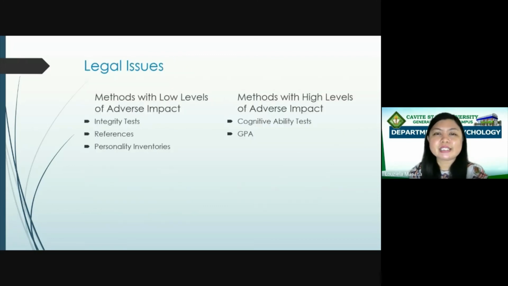Then we have the legal issues. Methods with low levels of adverse impact: integrity tests, references, low impact personality inventories. And with high level of adverse impact: cognitive ability tests and GPA.